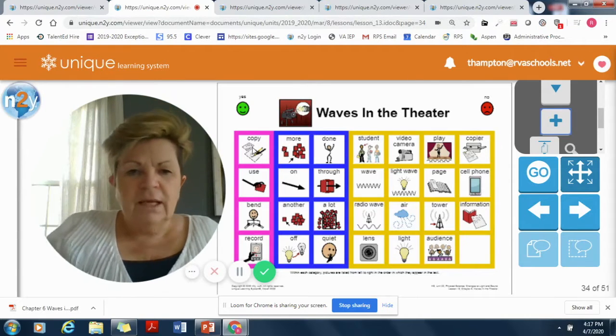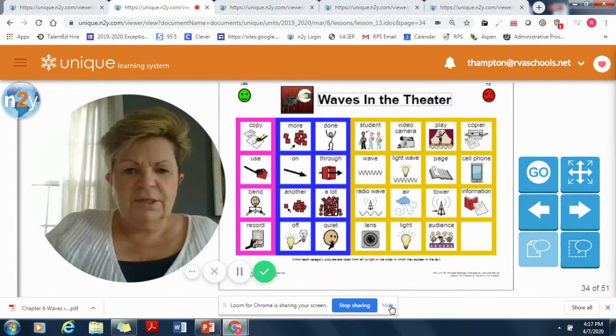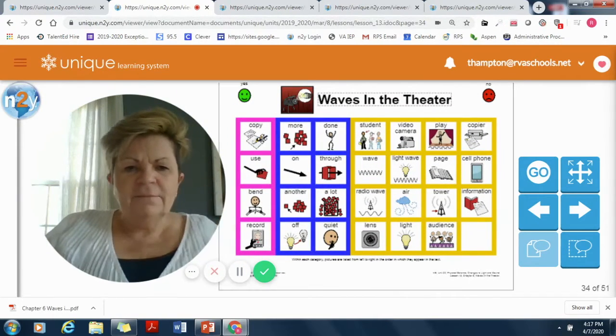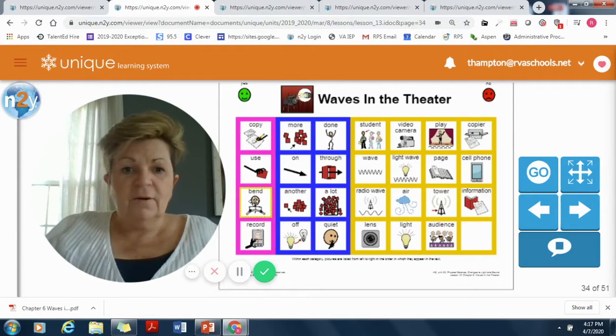Okay. We are going to be looking at several vocabulary words that are super important. We're going to be looking at copy, more. Now we'll use all these, but the real important ones are what we're highlighting right now.